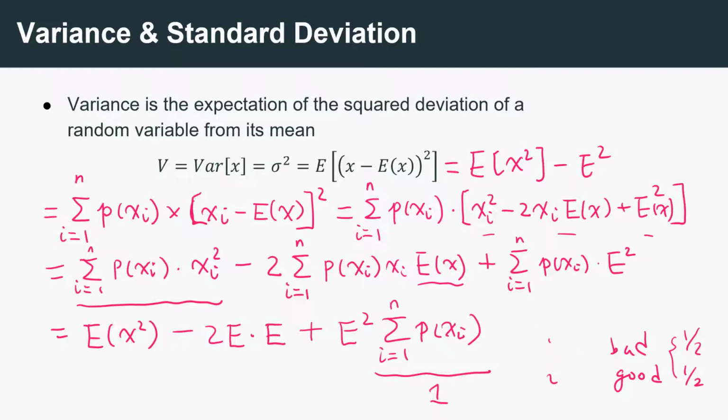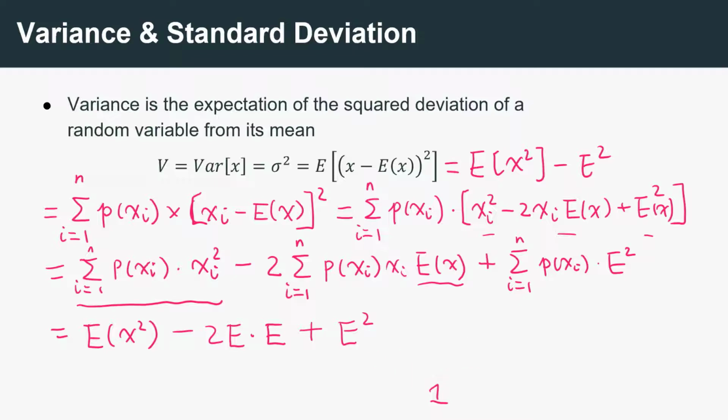And also for the milk yield example, it's also the same. If you sum over all the probabilities, then it should be equal to 1. So here, since it's equal to 1, we can just skip writing it. And here, those two, we can actually further simplify it to minus e squared.